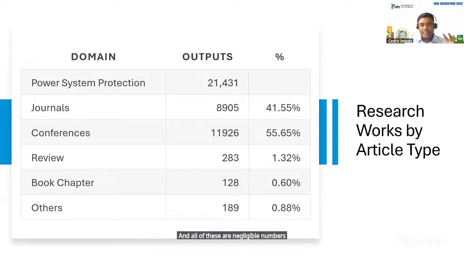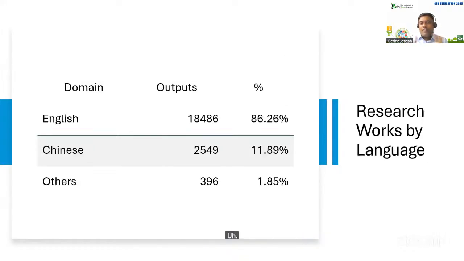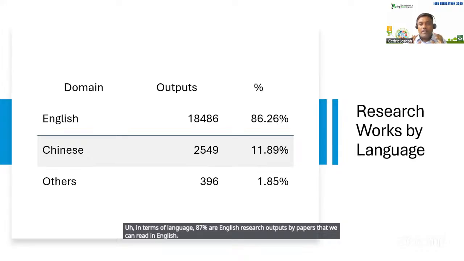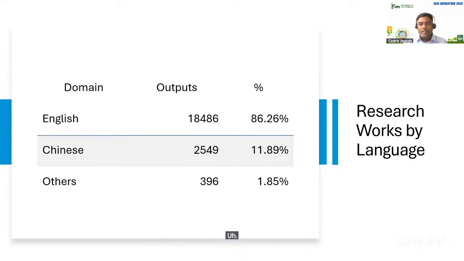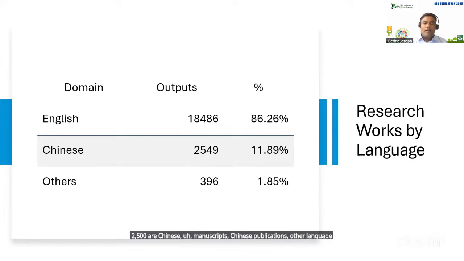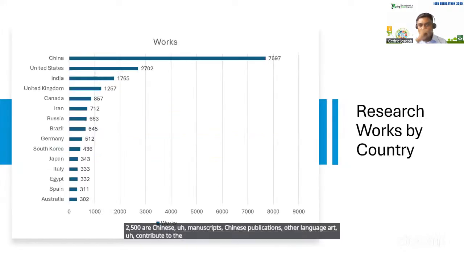So 56% conferences, 42% journal publications. In terms of language, 87% are English research outputs, papers that we can read in English. 2,500 are Chinese publications. Other languages contribute to the remaining 396.